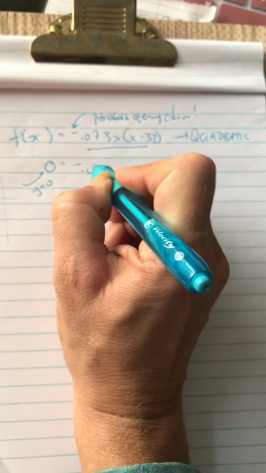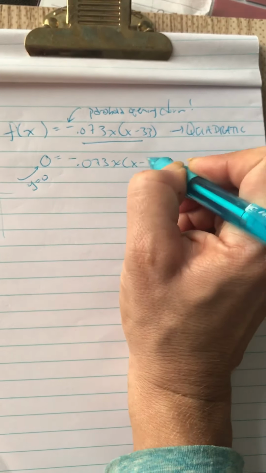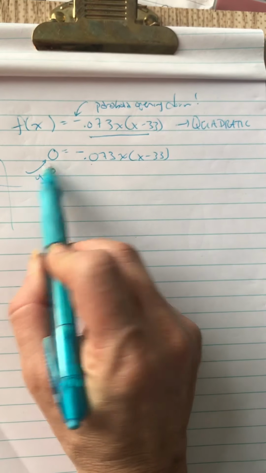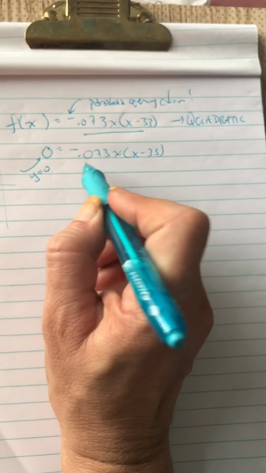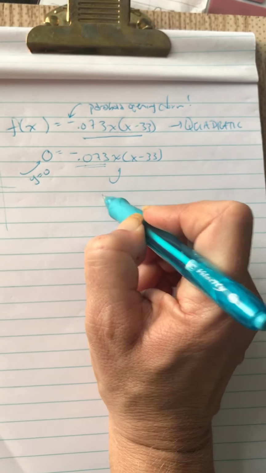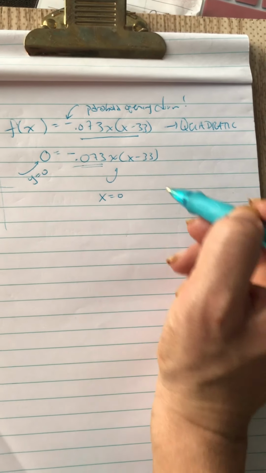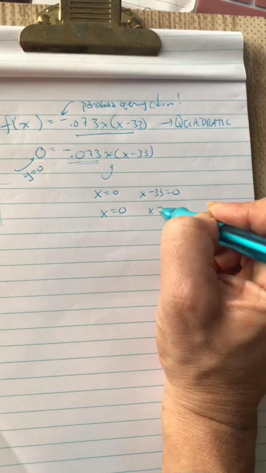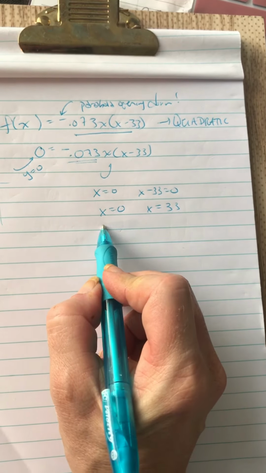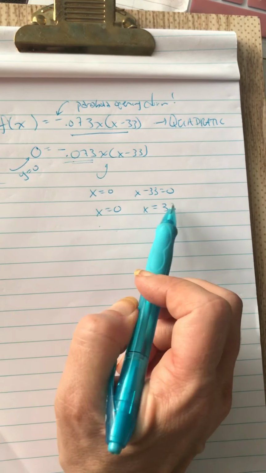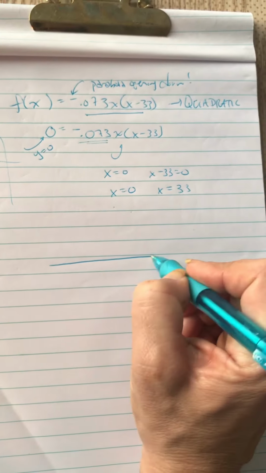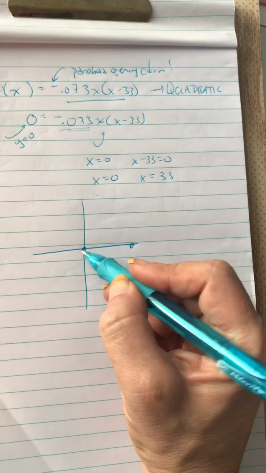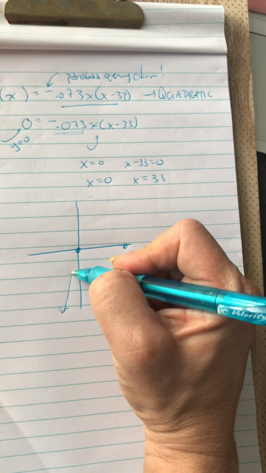I've got negative 0.073 times x times (x minus 33), but I know from our quiz that if I have a quadratic set equal to 0 in factored form, the constant will never be 0, but I could set my little factors equal to 0: x equals 0, x minus 33 equals 0. So I can conclude that either x equals 0 or x equals 33. Now my quadratic, even just in my head, is taking on a more concrete shape, because I know it goes through 0 and 33.